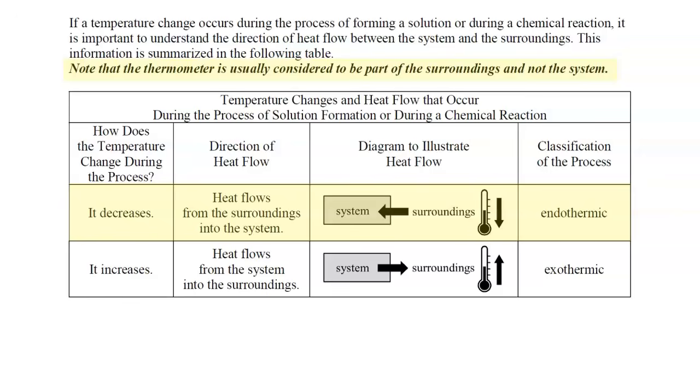Again, the thermometer is usually considered to be part of the surroundings and not the system. And so whether it's a chemical reaction that takes place in a calorimeter or simply dissolving a solid in water to form a solution, if the temperature decreases during the process, then heat flows from the surroundings, which would be the water molecules present in the solution, into the system.